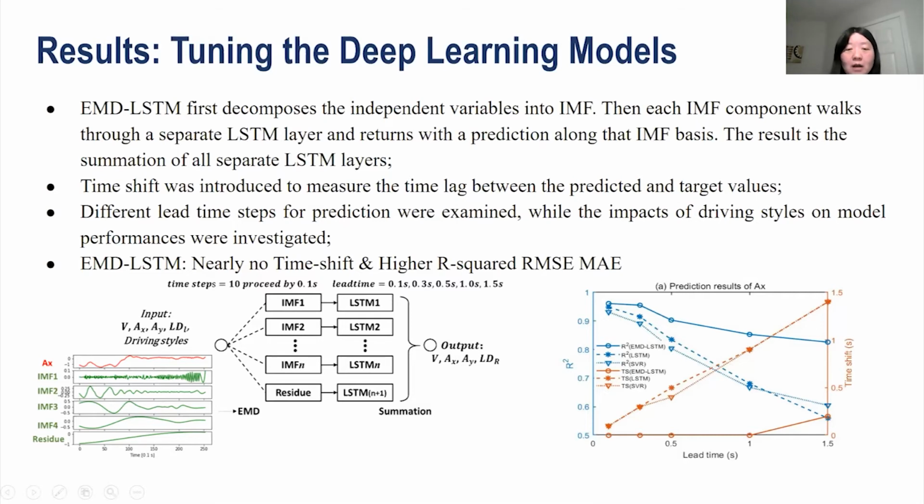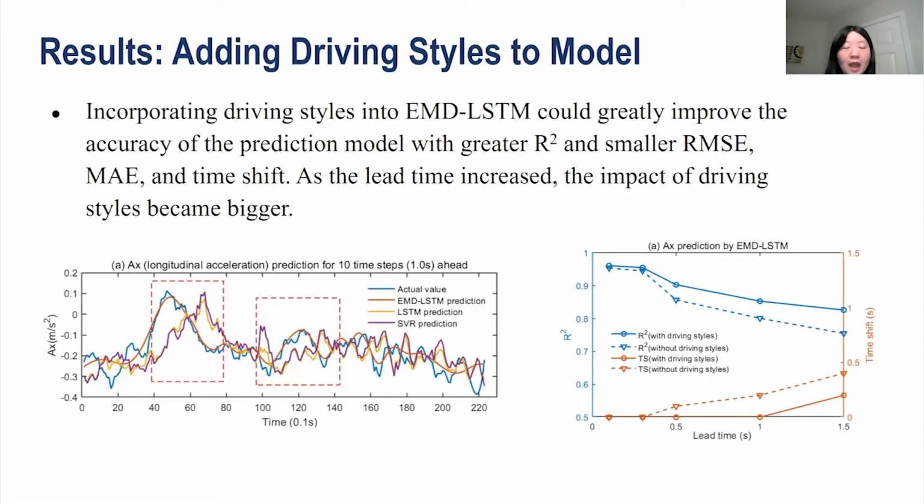So the results give pretty accurate predictions. The next step is to incorporate the driving styles in the model and see whether that improves our model accuracy, yes or no. As you can see from both figures here, in the right figure, you can look at the R-squared value.